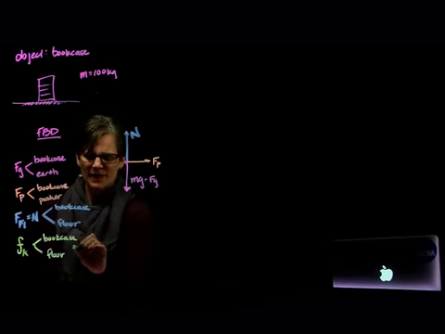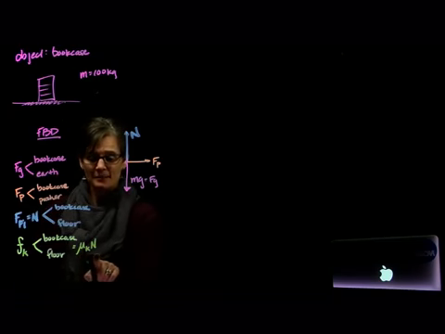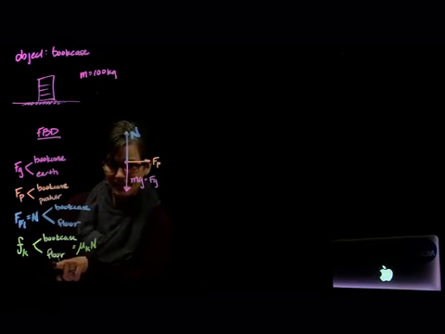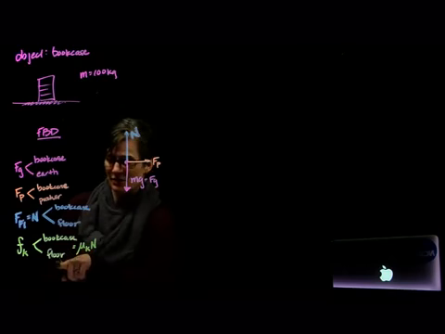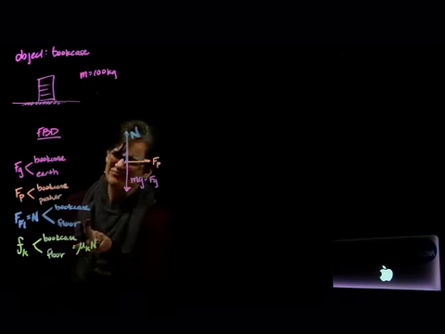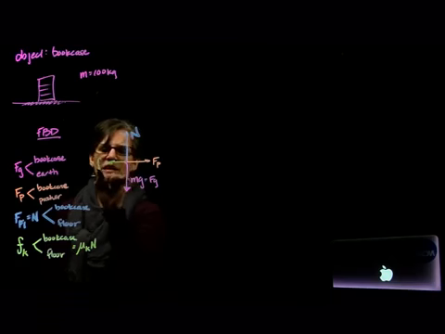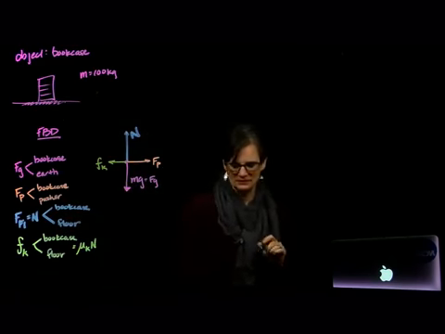Just keep in mind that this is mu sub k times the normal force that interacts with the bookcase with the same surface. Sometimes there are two normal forces, and we want the one with the same surface. In this case, it's the only normal force in this situation. And that opposes the motion. So there's our kinetic friction.